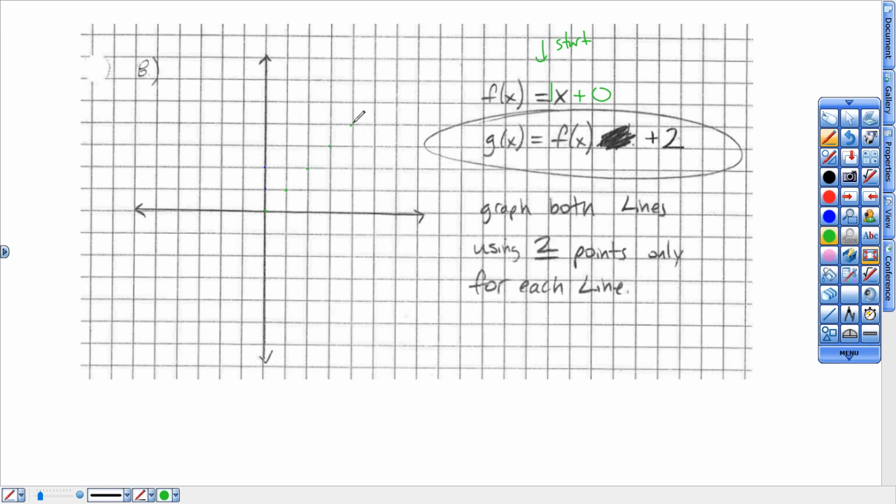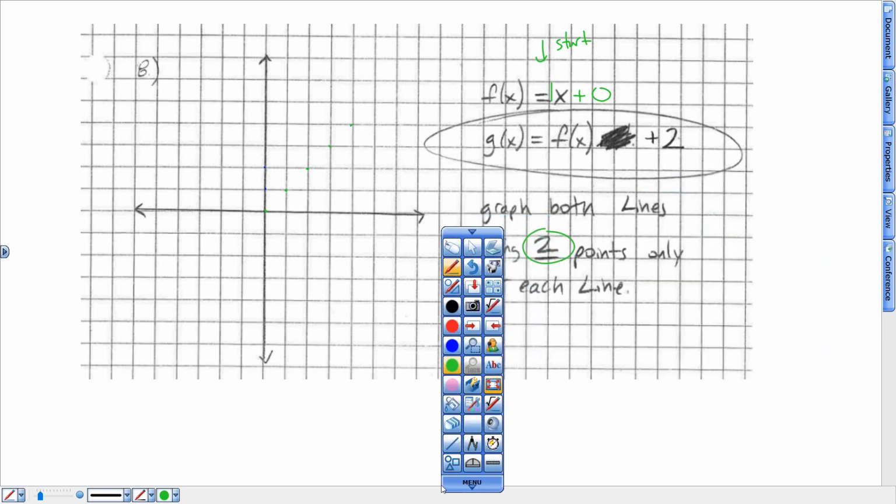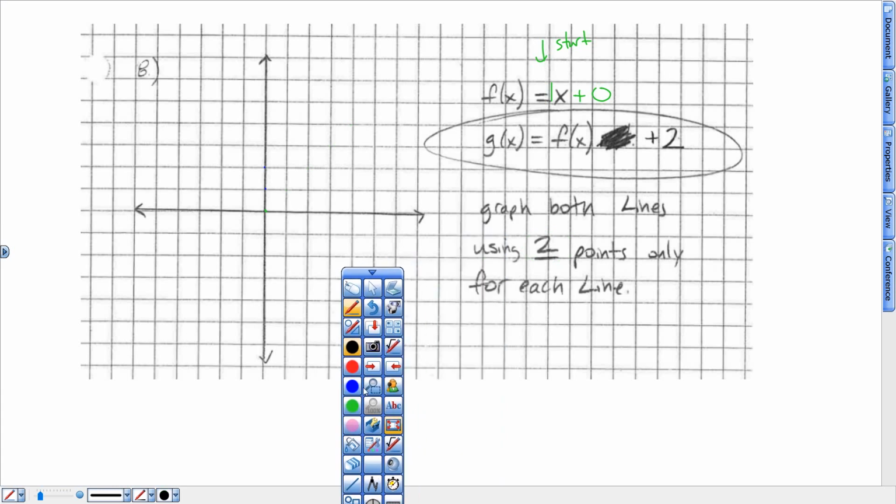It only wants 2 points. It will mark you wrong if you graph all those dots. You could only graph with 2 dots. So again, let me try to show you that. That would be like starting at 0, and then I could do over 1, up 1.